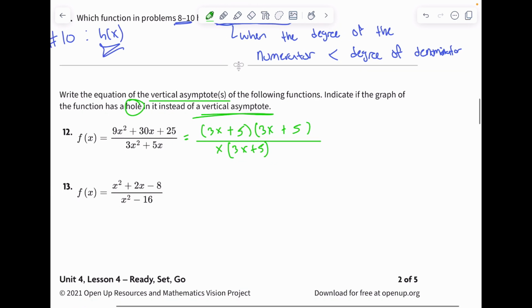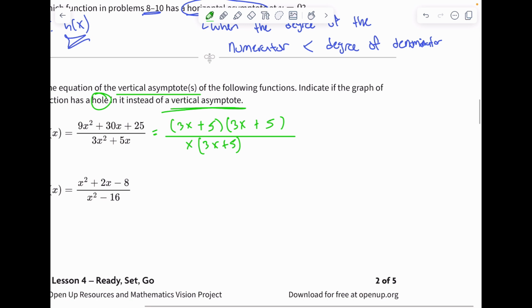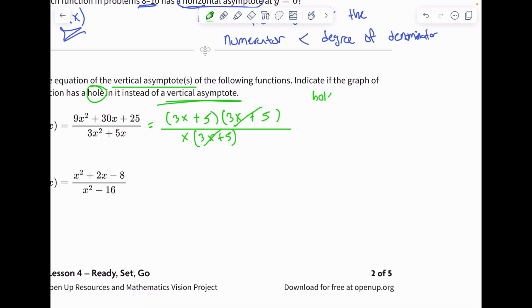So let's think about this. Where is there going to be a vertical asymptote? We can see that I can cancel one of these out, right? So that tells me that if I can cancel one of those out, there's going to be a hole. So there's going to be a hole at 3x plus 5 equals 0, right? Then I'm going to solve for x.